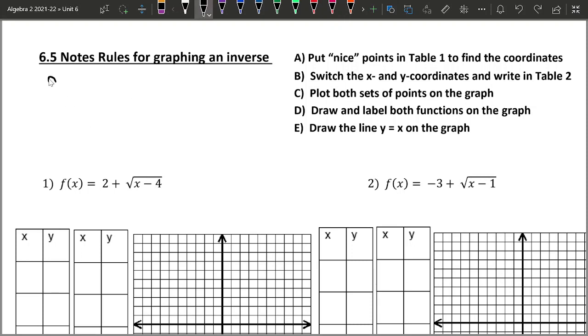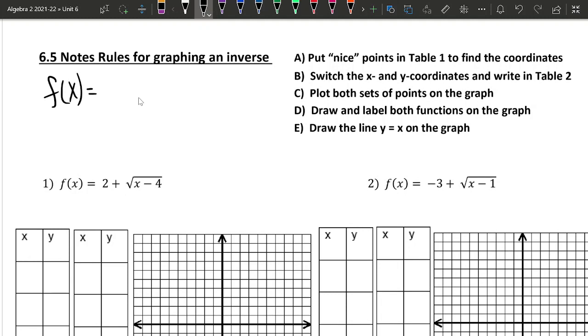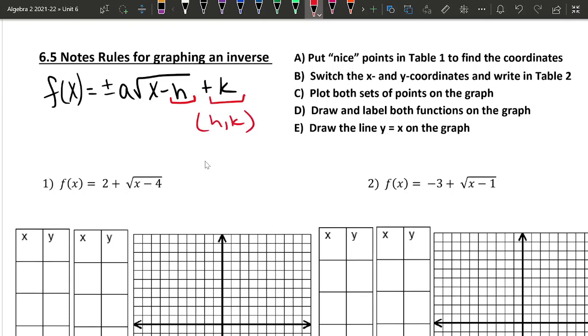You can use Desmos. It's up to you. Okay, so remember the transformation formula or equation is f of x equals plus or minus a square root of x minus h plus k. And the h value, not including the negative sign, and the k value give you the vertex (h, k). And of course if it's negative you have a reflection.